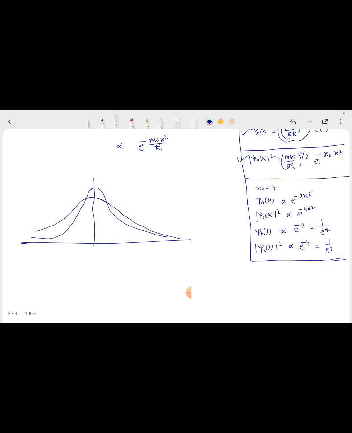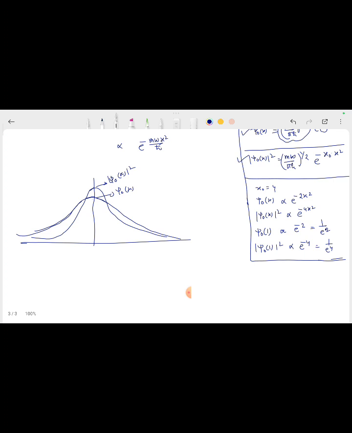This is the actual wave function nature. So this is psi 0(x) mod square, and this is psi 0(x). Psi 0 mod square decays more rapidly compared to psi 0(x), right?